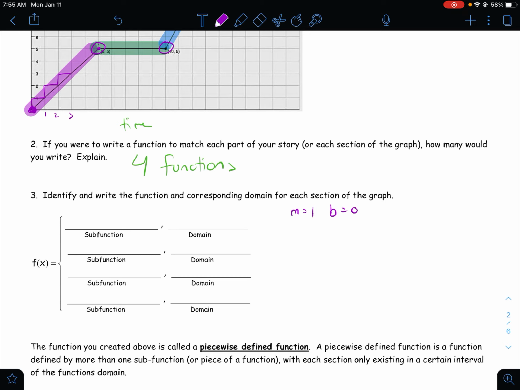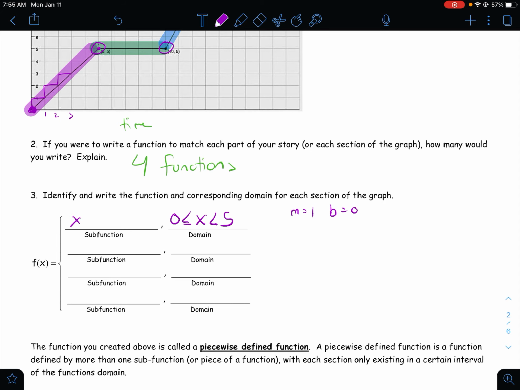So it's just going to be 1x or just x. And then your y-intercept is 0. So you would say plus 0, but you don't write that. So it's just x. And the domain here is going to be, we'll say x is greater than or equal to 0 because it starts at 0, and we'll say less than 5.